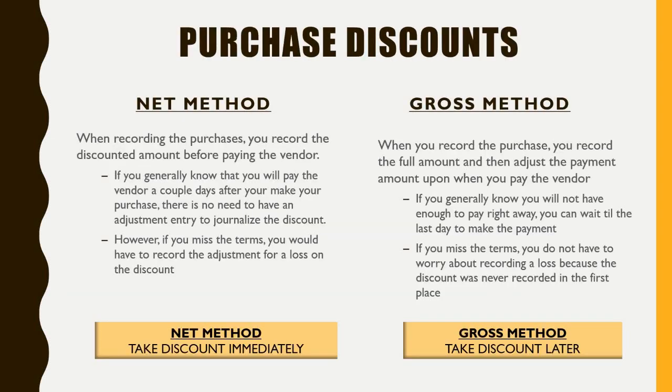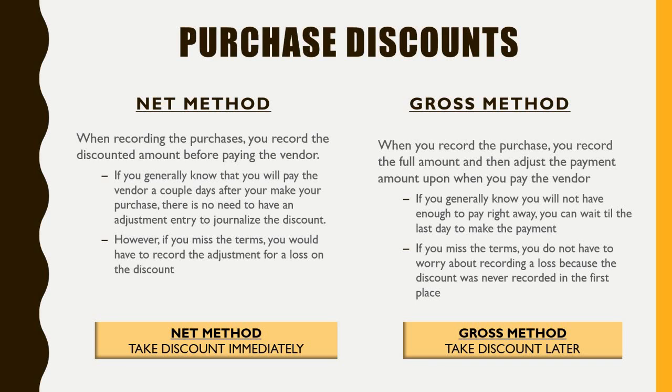Now, terms, again, there are two ways we can record this, right? So this also applies to perpetual inventory as well. The only difference is how we journalize it, right? Because with periodic, we have a completely different system, where perpetual is the same idea but with different accounts.